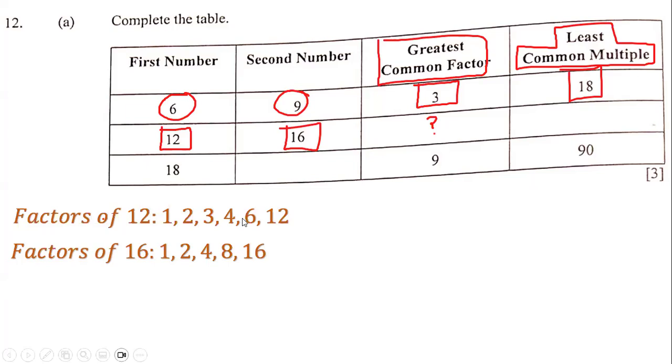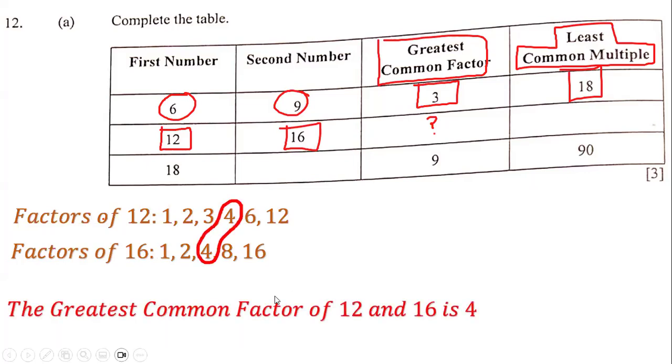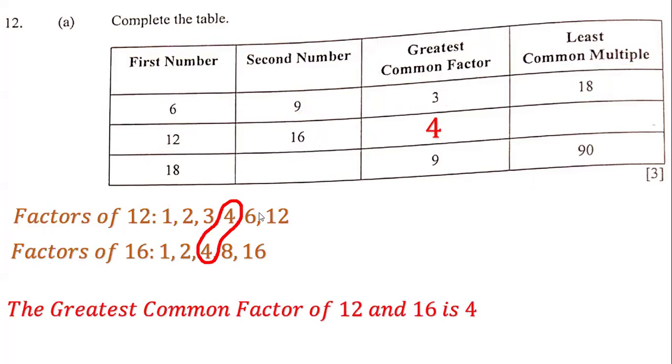What is the greatest common factor of 12 and 16 based on this chart? 4, very good. So we have to write that on the chart right there, 4. Fill that in your chart or on your table. The greatest common factor of 12 and 16 is 4.